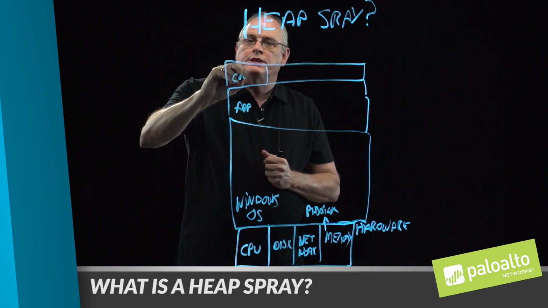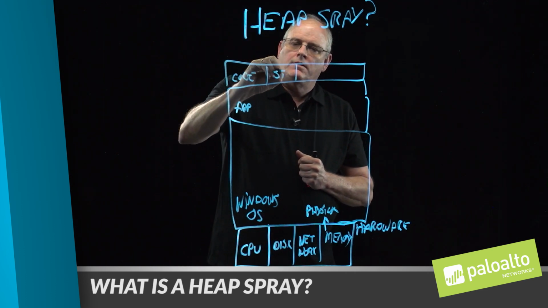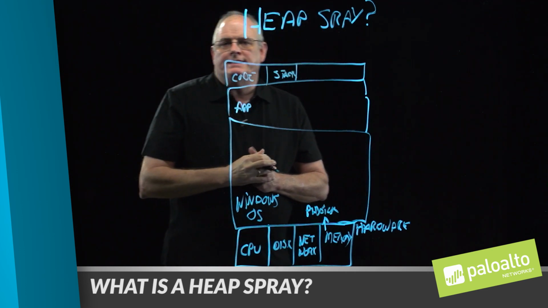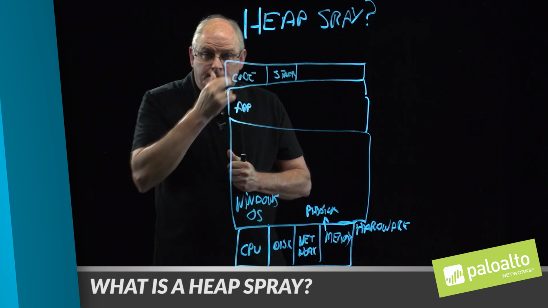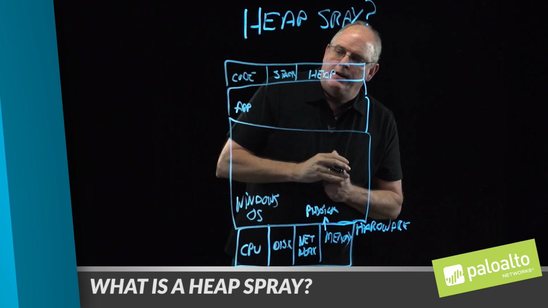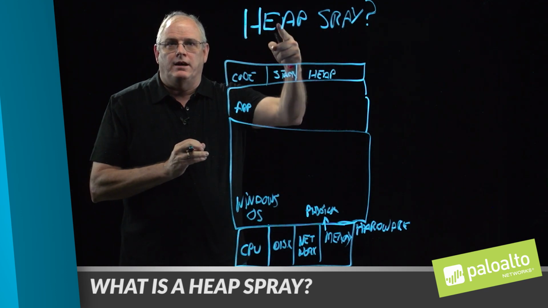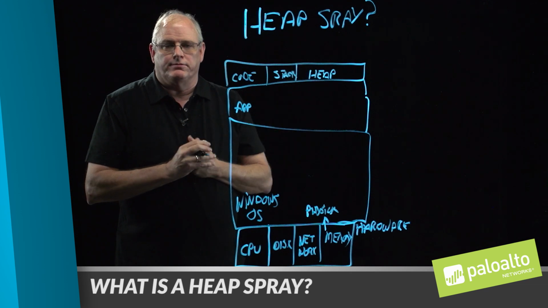We have what's known as a code region. We have memory that's allocated for the stack. And then we also get assigned what's known as heap. You can probably tell where we're going with this, right?